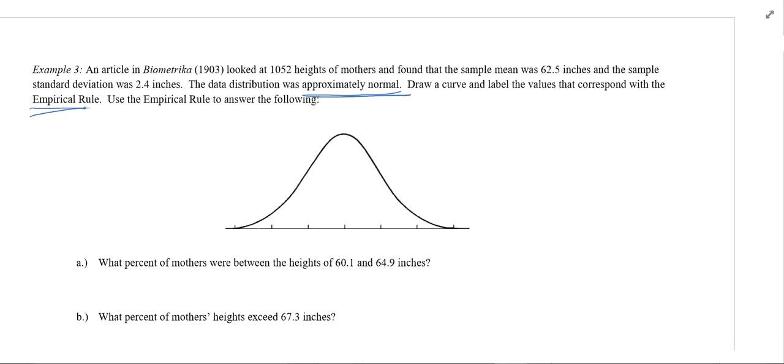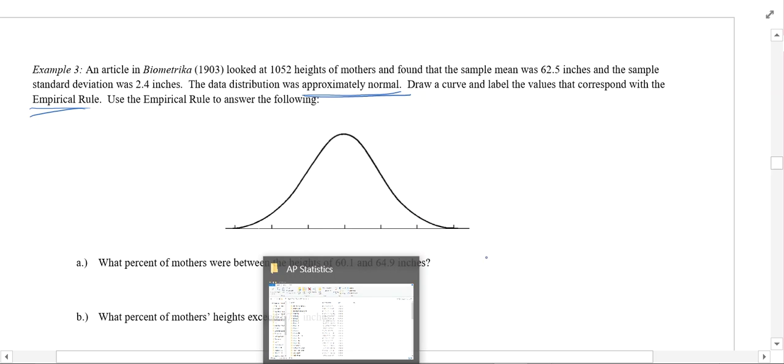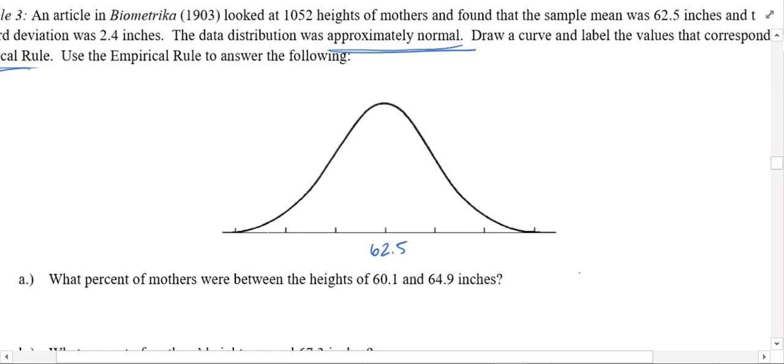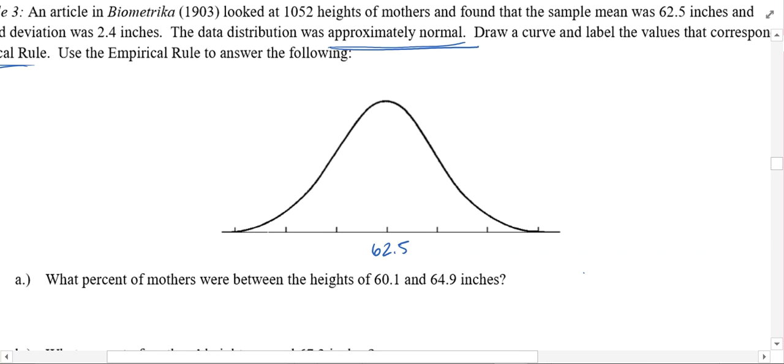We're going to put our mean down here at 62.5. Then to the right, we're going to go up one standard deviation. One standard deviation is 2.4 inches, so when you add that on, we're at 64.9.